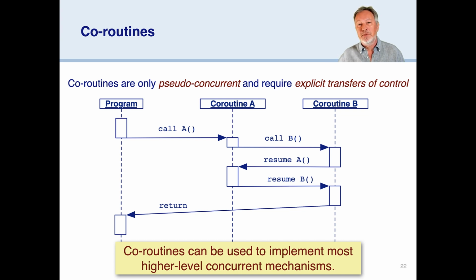So this is an explicit handover of control of the CPU to the other coroutine. A continues running and then explicitly transfers control back to coroutine B and lets it resume. At some point, coroutine B has all the pieces it needs and it returns to the original caller, the program, with the final result.